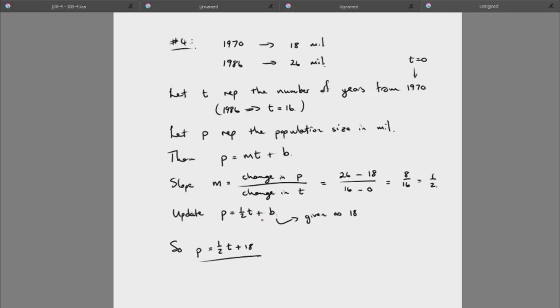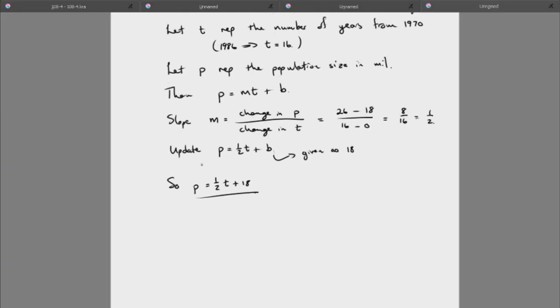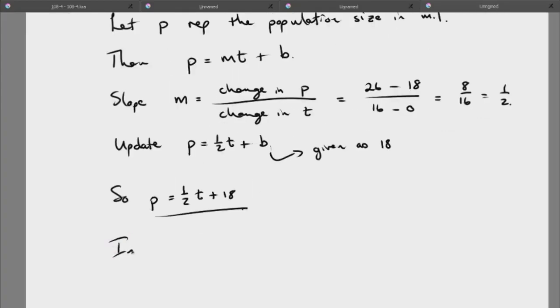So there's my function. Then they ask if it grows according to this function past 1986, what does this function predict the population to be in 2025? So in the year 2025, in order for me to use that, I'm not going to plug in 2025 because of my choice of what the variables mean.